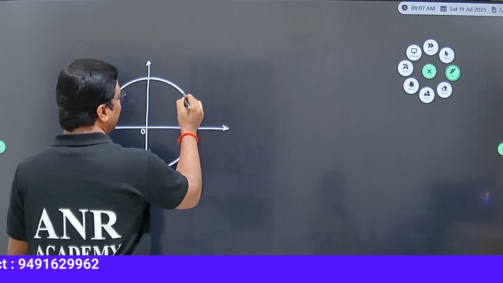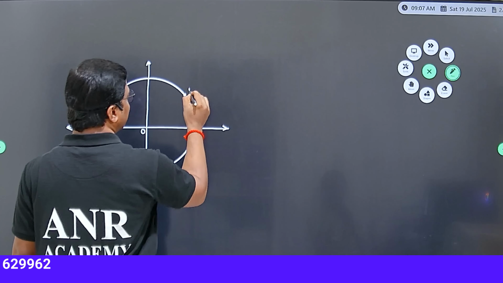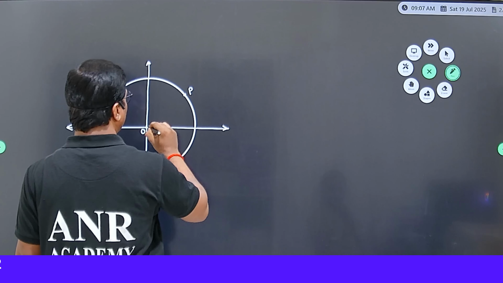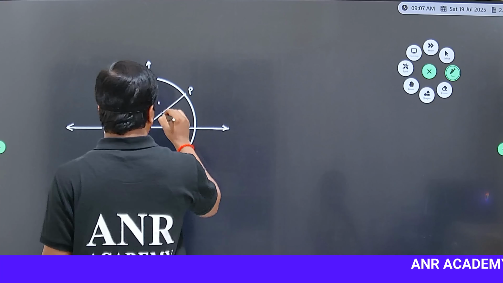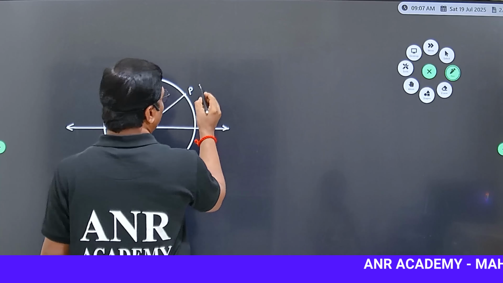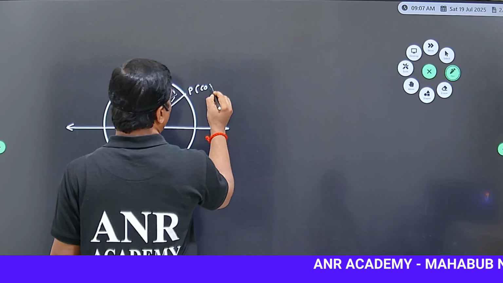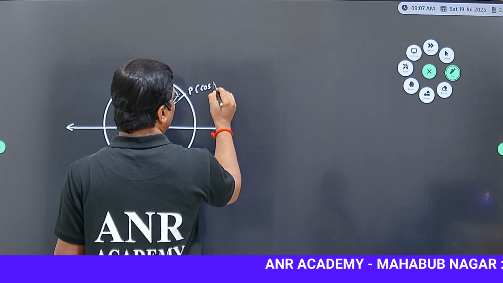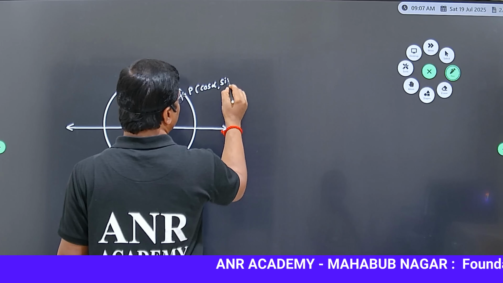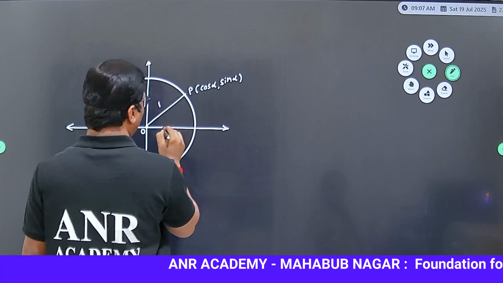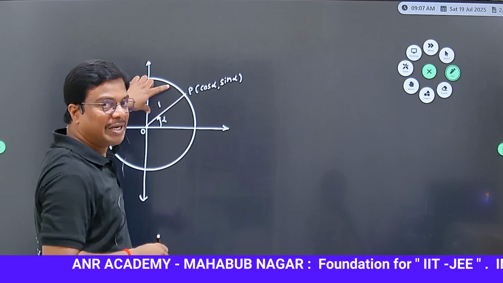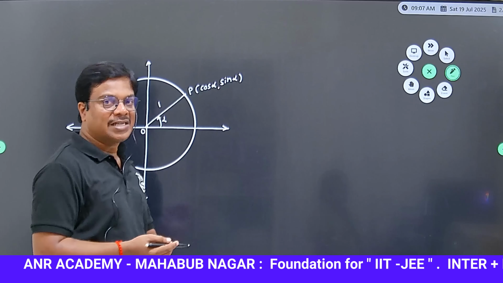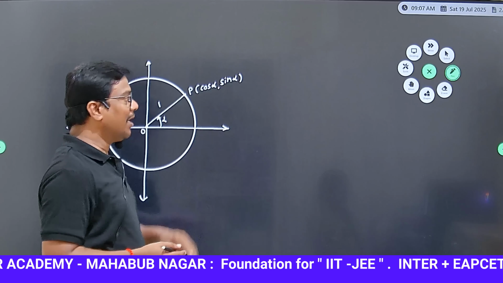If I select a point P on the unit circle, then the distance from the center to the point on the circumference is 1 unit, and the horizontal and vertical components are cos alpha and sin alpha, where alpha is the angle made by the line segment OP with the positive direction of the x-axis in the counterclockwise sense.